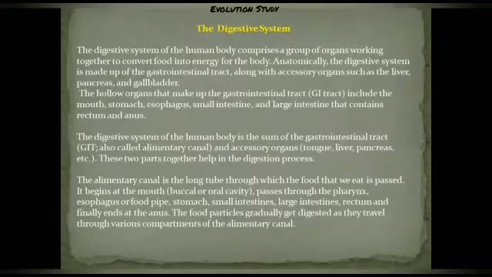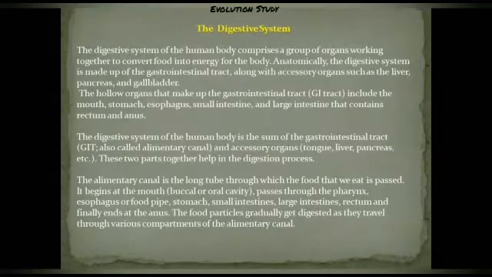The digestive system of the human body is the sum of the gastrointestinal tract, GIT, also called the alimentary canal, and accessory organs like the tongue, liver, pancreas, etc. These two parts together help in the digestion process. Now, the alimentary canal is the long tube through which the food that we eat is passed.